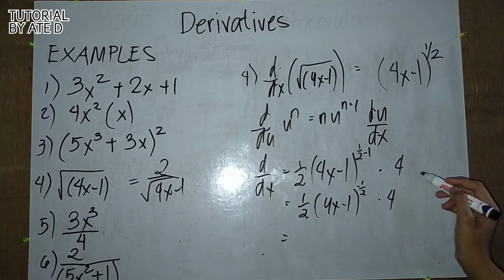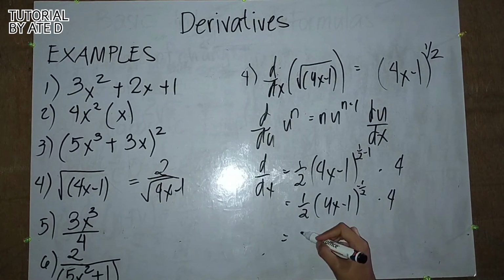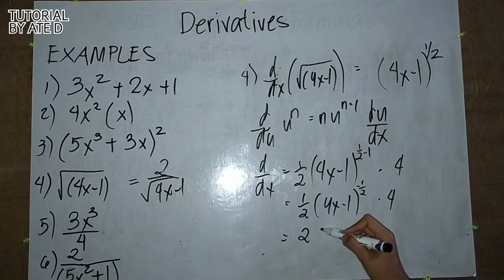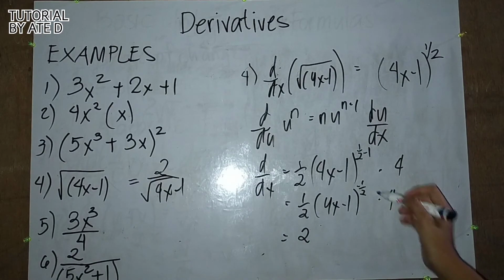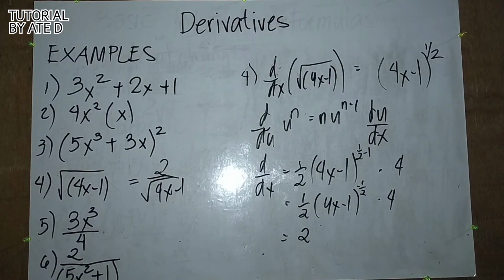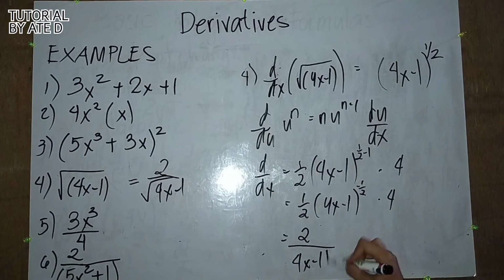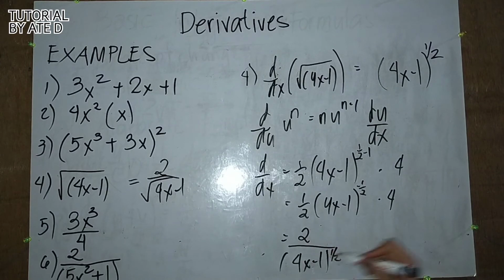Simplify. So, 4 times 1/2 is equal to 2. Tapos, dahil negative ang sign na ito, pwede natin siyang ibaba para maging positive, which is 4x minus 1 raised to 1/2.